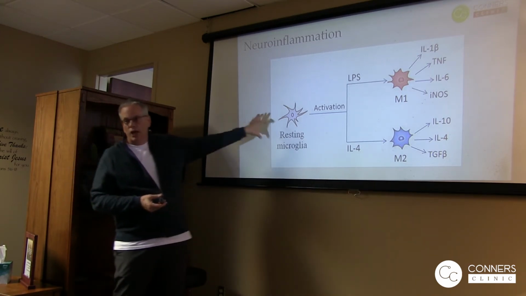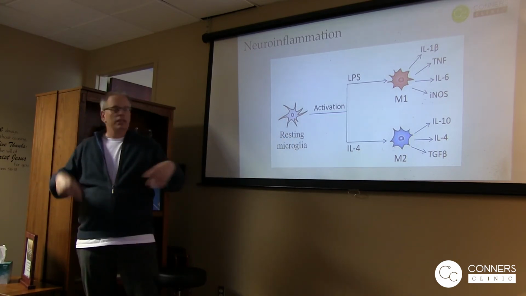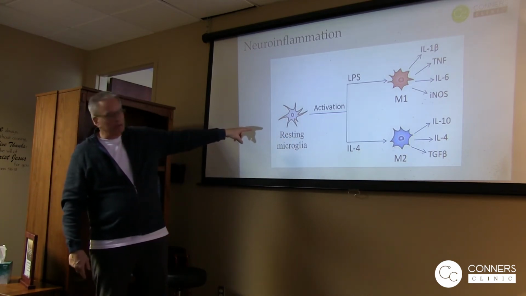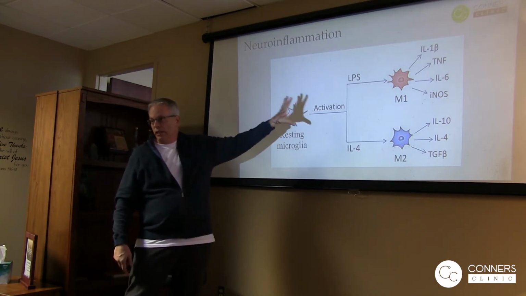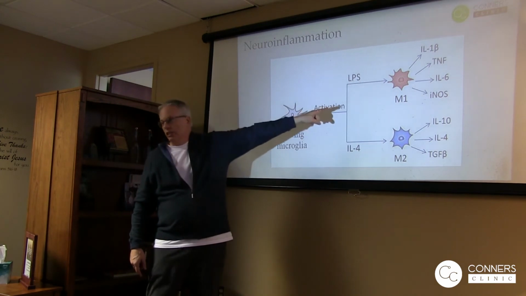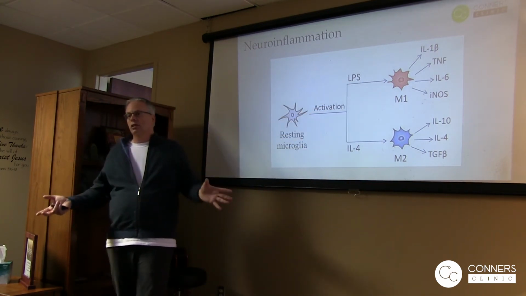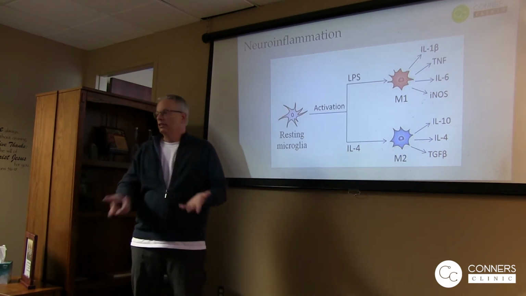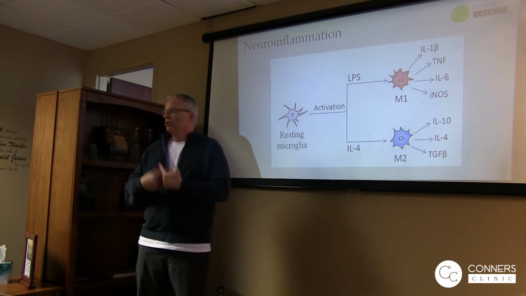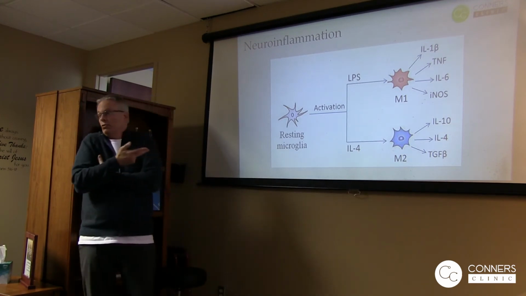So healthy microglia travel through the brain, kill things, get rid of stuff. If they're not healthy microglia, they can be primed. That's a pathological condition, not reversible. They're either going to be in the M1 or the M2 state. M1 state is going to be spewing out inflammation and increasing the inflammation. M2 is going to be decreasing inflammation.